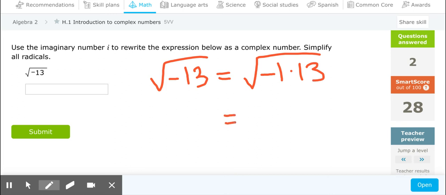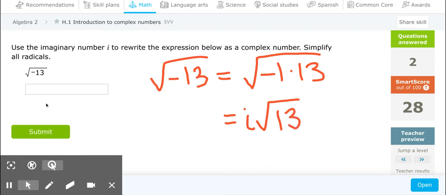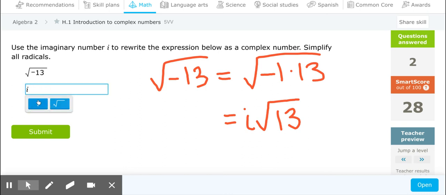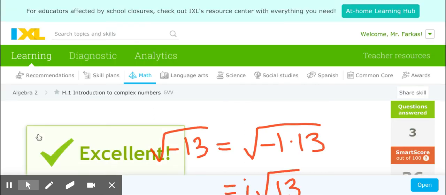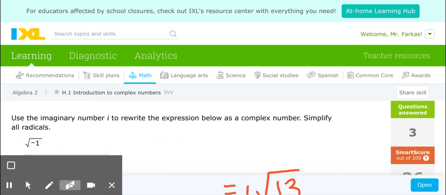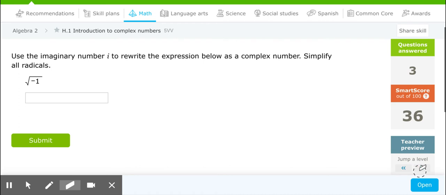So an i comes out. And the square root of 13 is still left inside of the square root. So this would be i times the square root of 13. The negative was used by the i. All right, this one's pretty similar. Let's keep jumping forward.